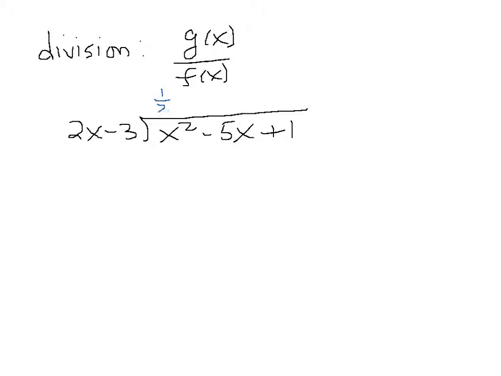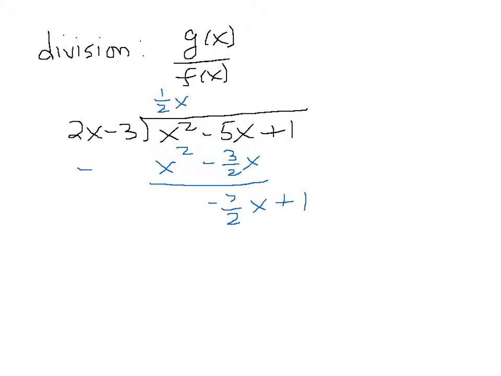So that's going to be 1/2 x. And then I multiply, and I get x squared minus 3/2 x. Remember this? And then I subtract. So I get minus 5x minus a minus 3/2 x, which is minus 5 plus 3/2. And minus 5 is minus 10 plus 3.